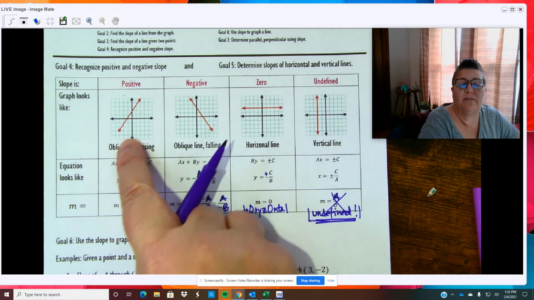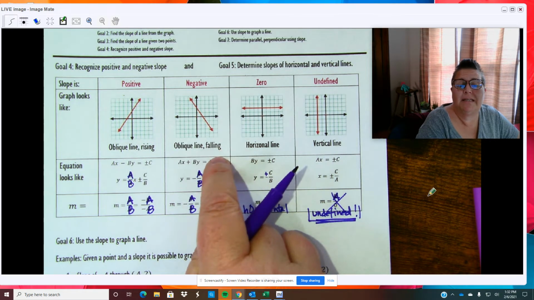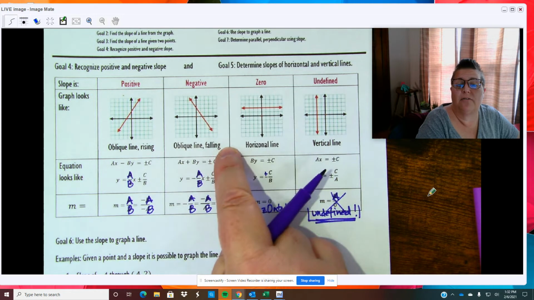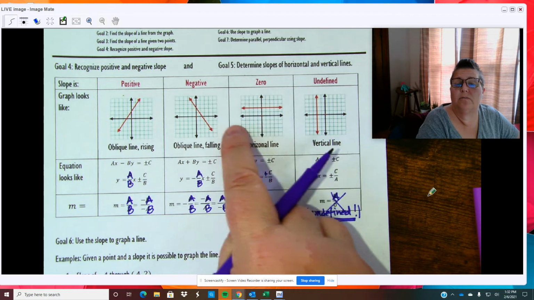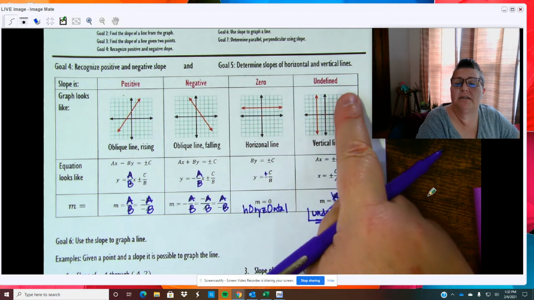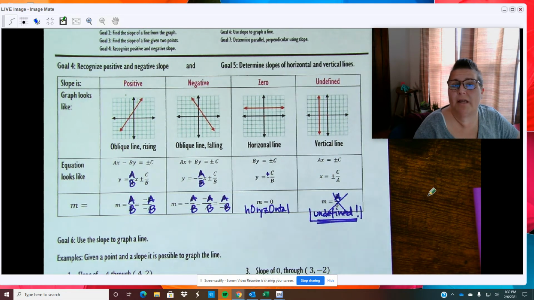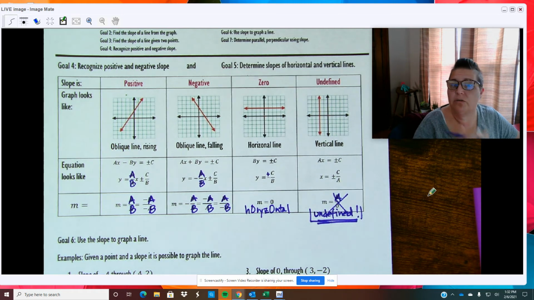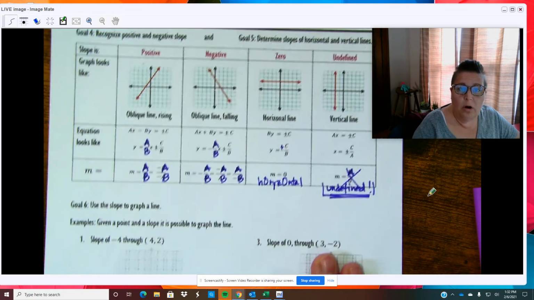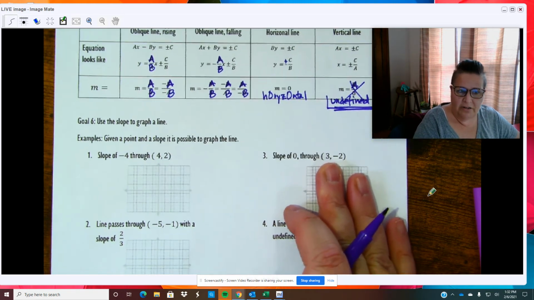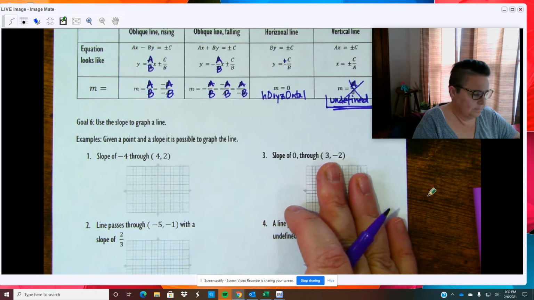Positive occurs if you have an oblique line rising. Negative occurs when you have an oblique line falling. Zero slope is a horizontal line. Undefined slope is a vertical line. You can recognize these simply by inspection, which means by looking at it, or you can watch for the patterns in the numbers.